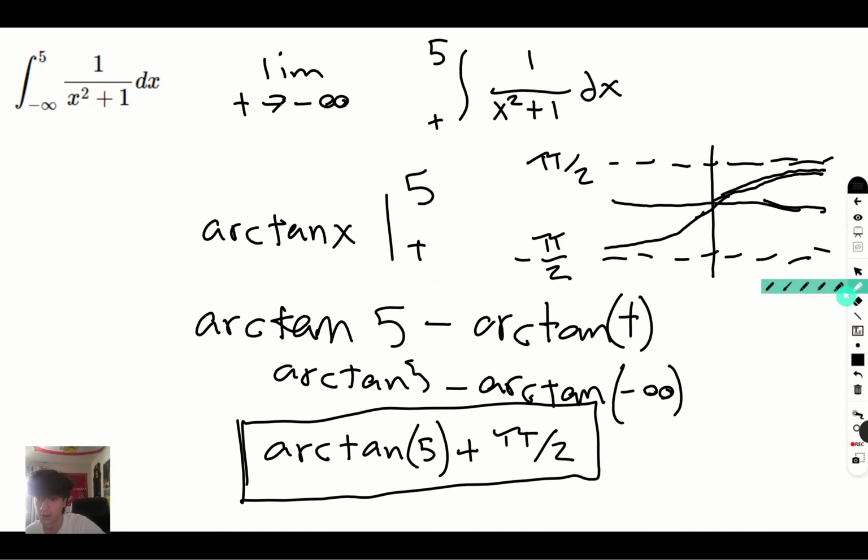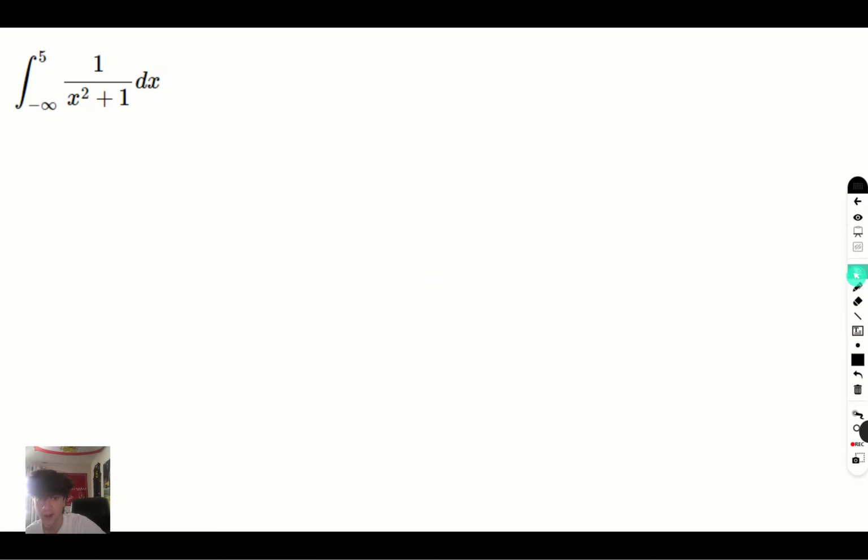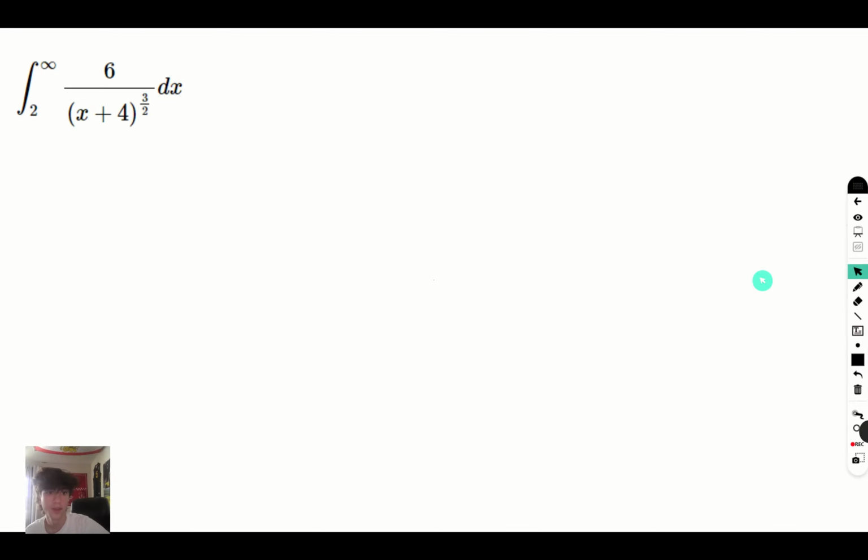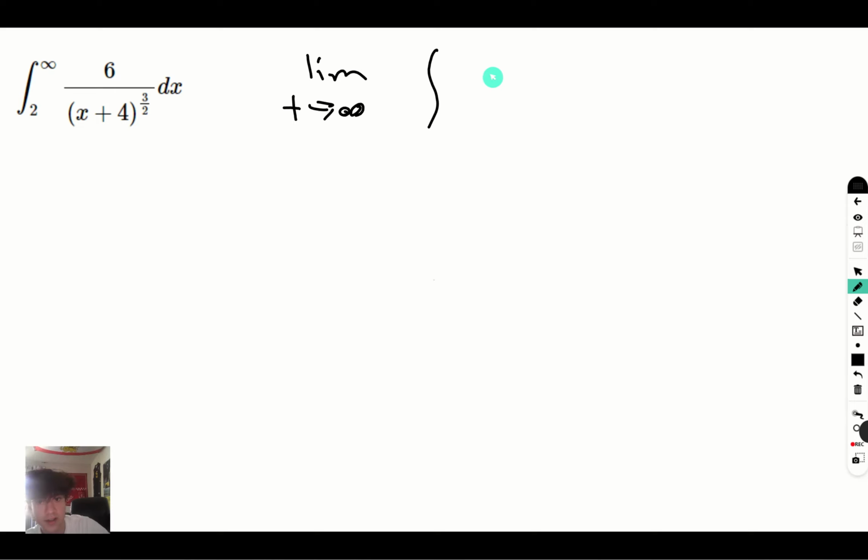All right, let's go to the third problem that I have set up. Here it is. And this is the same thing as the first time. Limit as t approaches infinity. And then we get the integral from 2 to t of 1 over x plus 4 to the power of 3/2 dx.